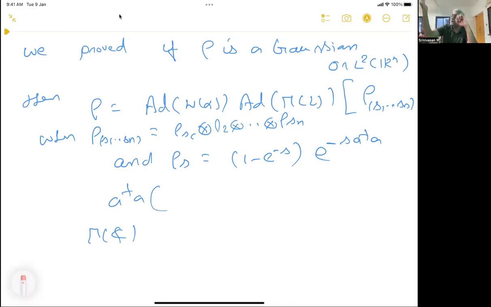A direct sum will become a tensor product when you exponentiate, when you go to the symmetric Fock space. So L2 of Rn will be L2 of R tensor n times. In that picture, rho S1 up to Sn will look like rho S1 tensor up to rho Sn, and each rho S acts like this.